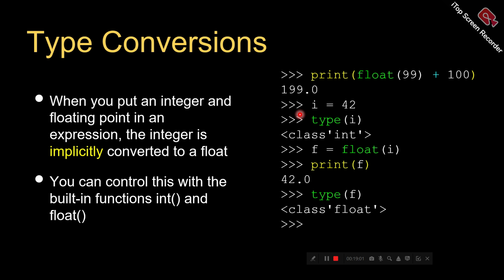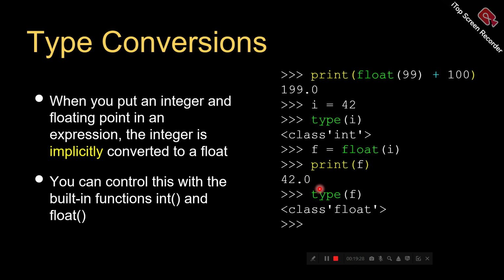Now here we have one variable, i is equal to 42. The type is integer. Now I want to convert this integer i into a float. So I'll use the float function directly, which will convert your integer value into a float and store it in f. So now f will be printed as 42.0.